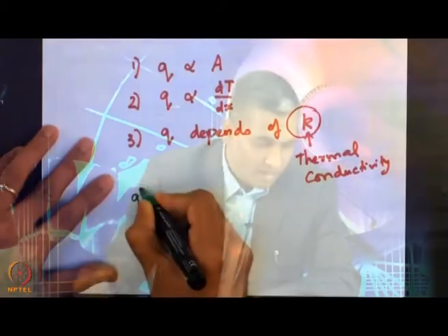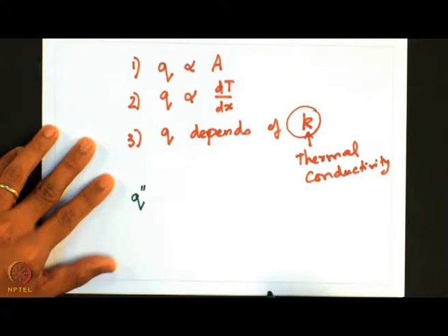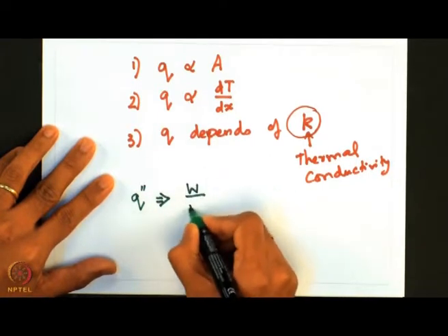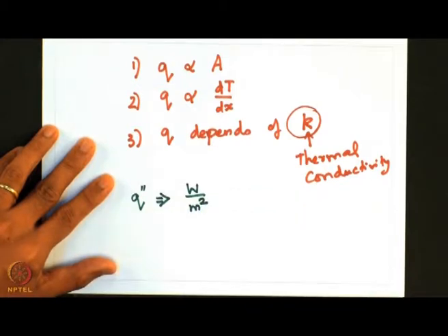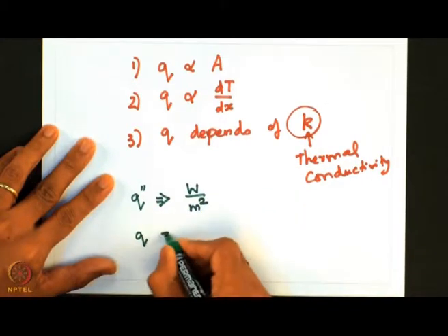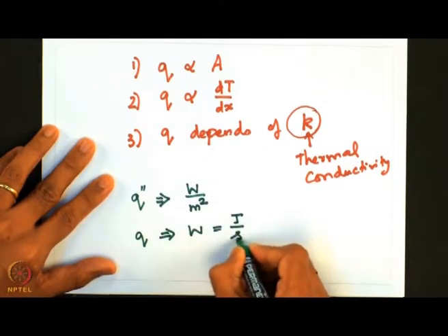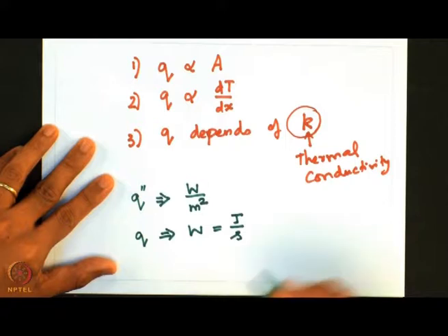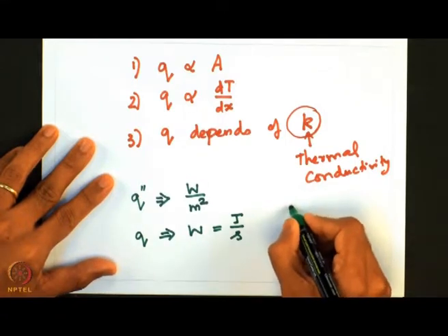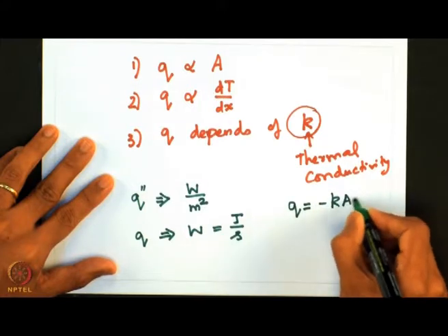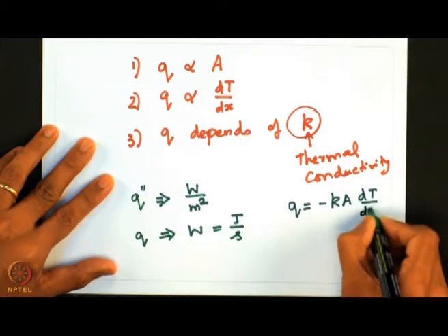So, let us look at the units of these different quantities. Q double prime, which is the flux, has units of watt per meter square, and the units of heat transport rate is watt, which is nothing but joules per second. Now, we know that the heat transfer rate is given by minus k A dT by dx.